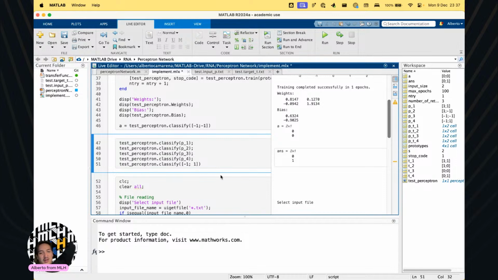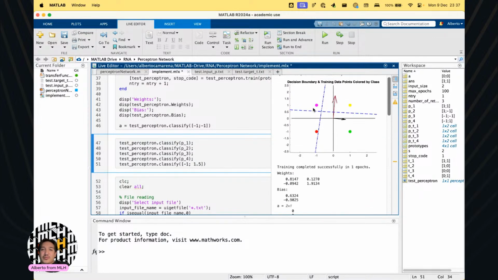Yeah, it's 0 1. So let's start increasing this to see where it breaks. 1.4. Why then 1.5 breaks?